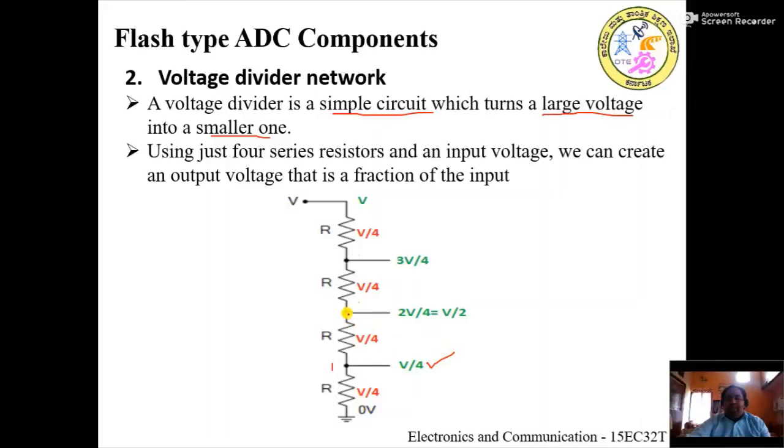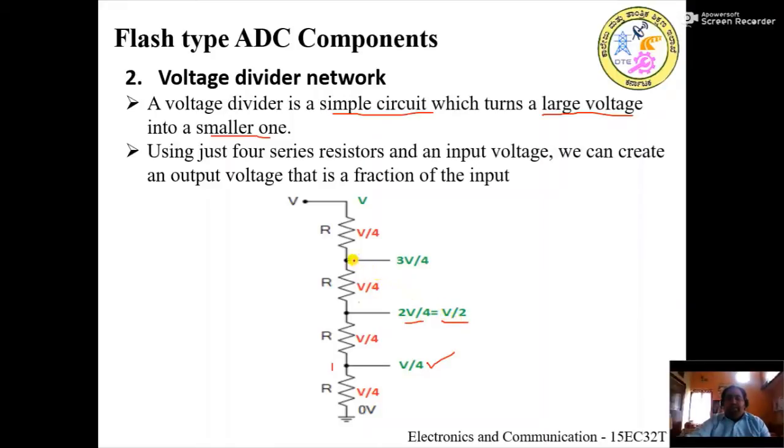Similarly, at the next node, the voltage would be V by 4 plus V by 4, because we have to measure with respect to ground. So we should add these two drops, which simplifies to V by 2.